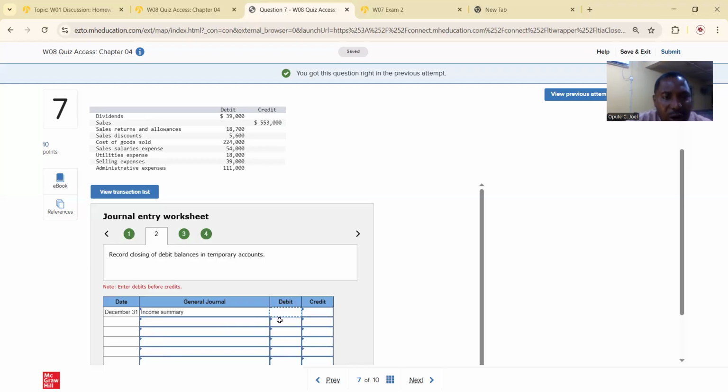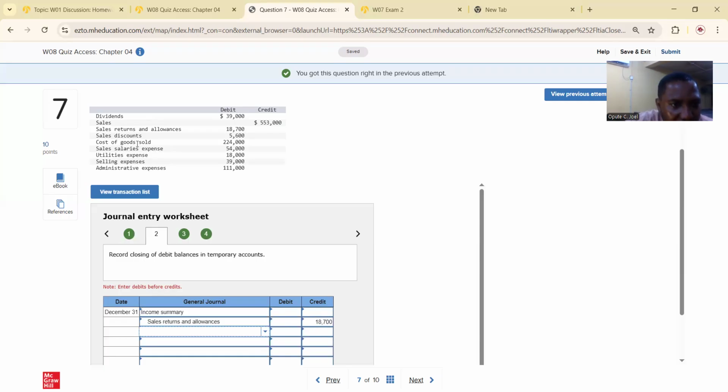But I would not know the amount to affix for income summary until I total everything that has to do with the expenses. So I will list all the debit accounts out, credit them, and debit income summary. The very first one is sales returns and allowances, in the credit side, 18,700.